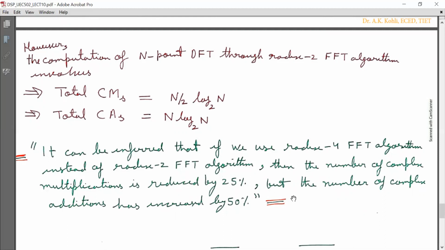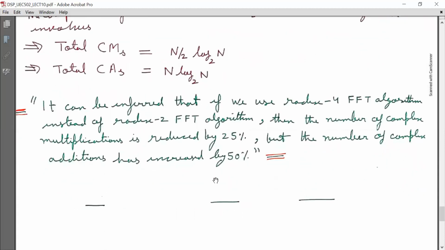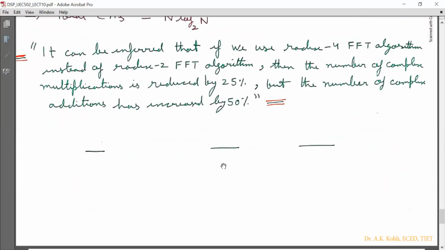So interested students can go through those. By using those approaches, radix 4 appears to be more efficient than radix 2. Moreover, it depends upon the application. At some places we prefer radix 2, and at some other places we prefer radix 4 FFT algorithm. So I finish my lecture here.